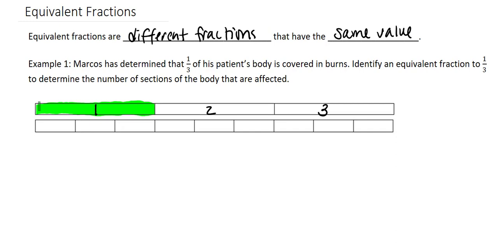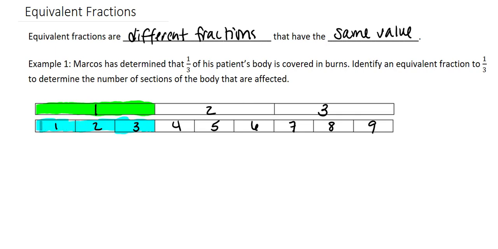So that's 1/3. Now on the bottom, how many do we have? So we have 9. If we also need to indicate the same thing, we would color 3 of these, because then that gets us to the same as the top, as 1/3.